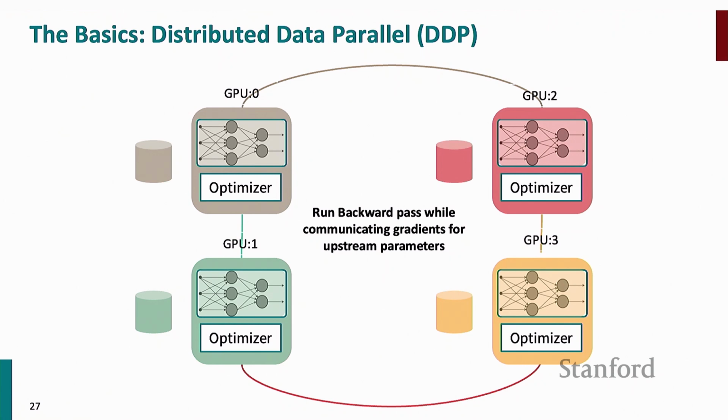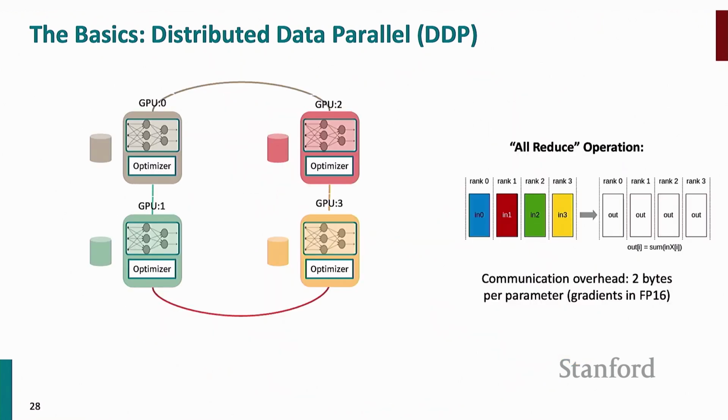And then we're going to run a synchronization step. What synchronization is going to do is communicate gradients between different workers, okay? And so I'm going to introduce the first MPI primitive in this lecture. That primitive is called the all-reduce operation. What all-reduce does is it takes 4 pieces of information, in this example on 4 different GPUs.